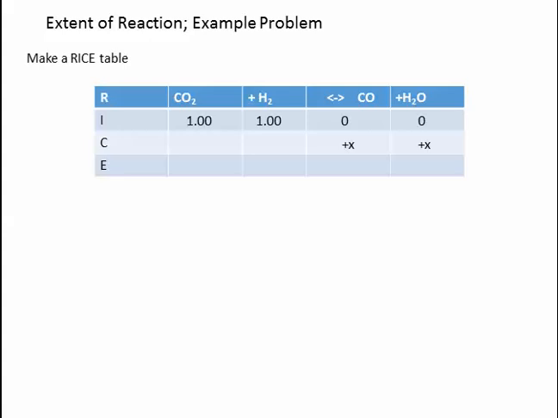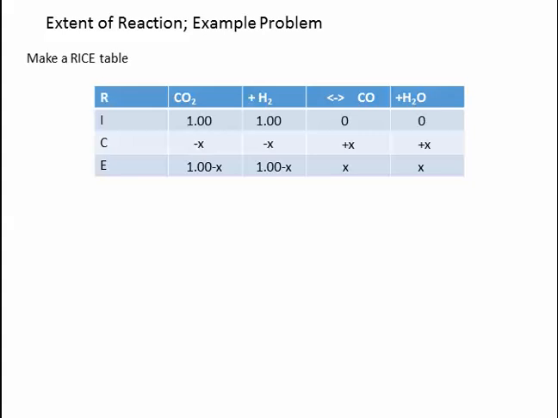So they're both going to get negative X's. So at equilibrium, carbon dioxide is going to be 1 minus X, hydrogen will be 1 minus X, carbon monoxide will be X, and water will be X. All right? That's our Rice table.